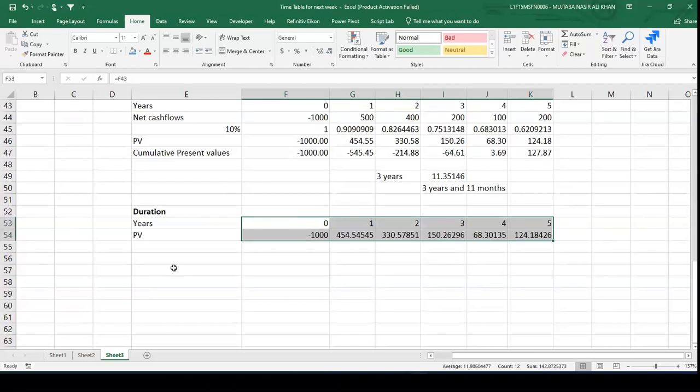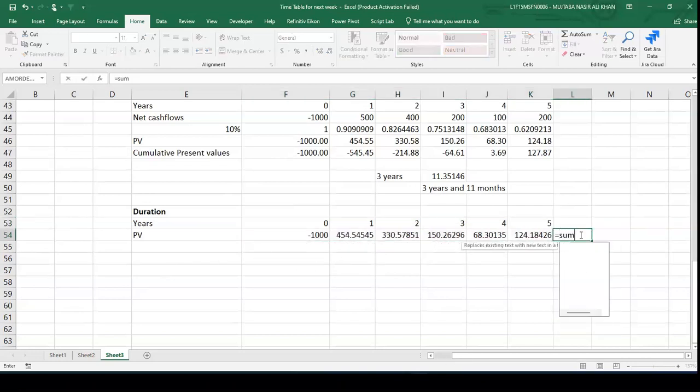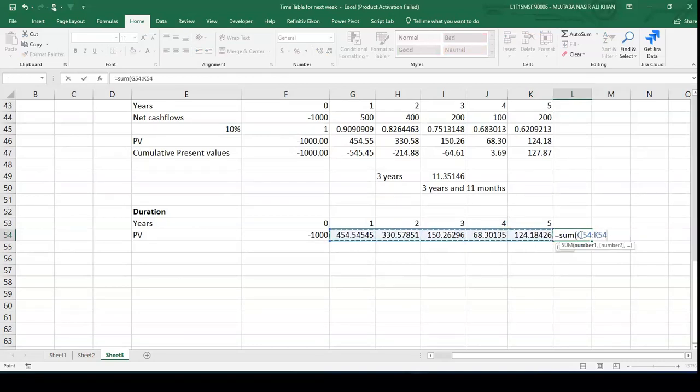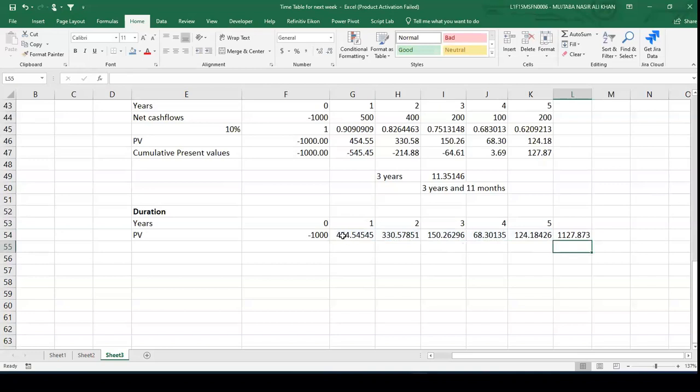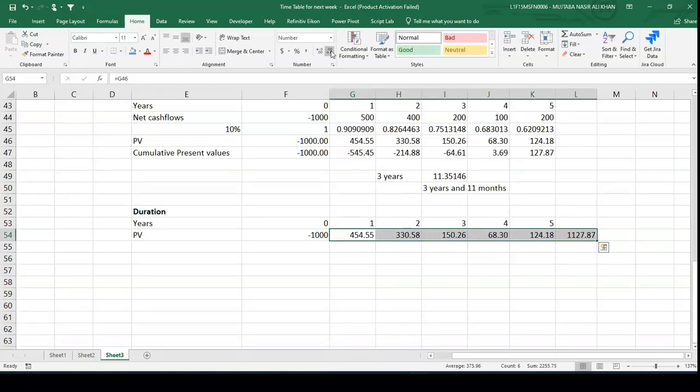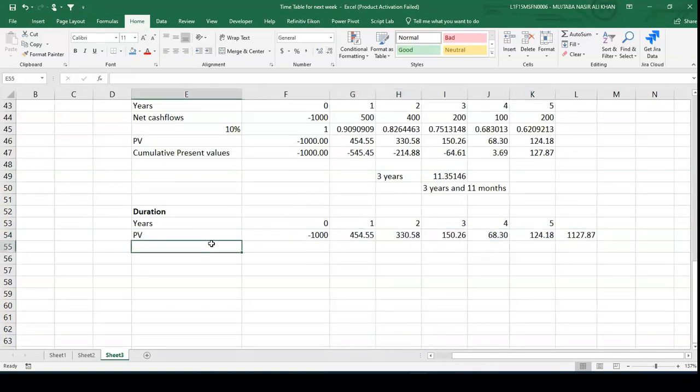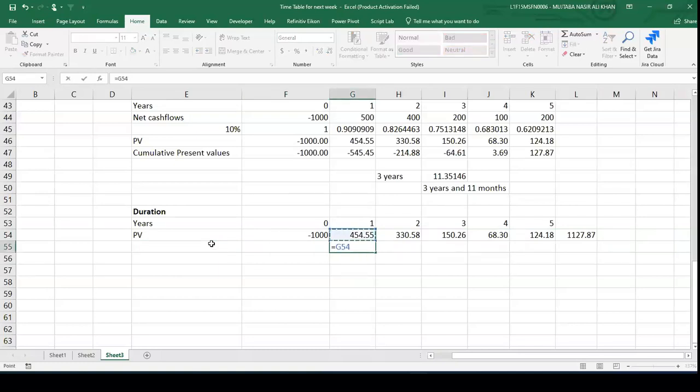First one is multiply. Take the total of all this from the positive value. Remember, from the positive value. Okay. Now, multiply the value with the year.